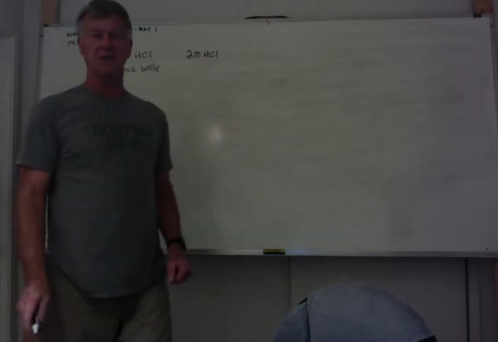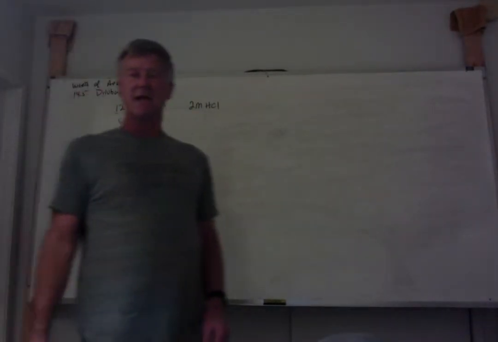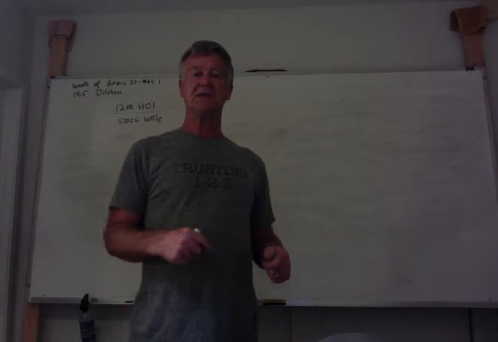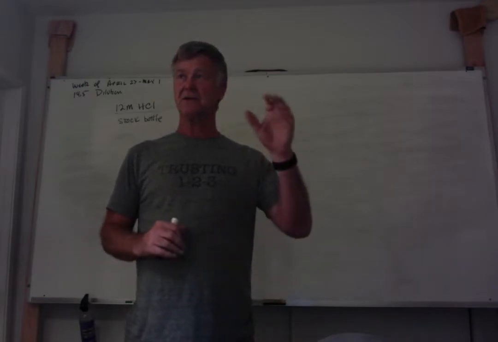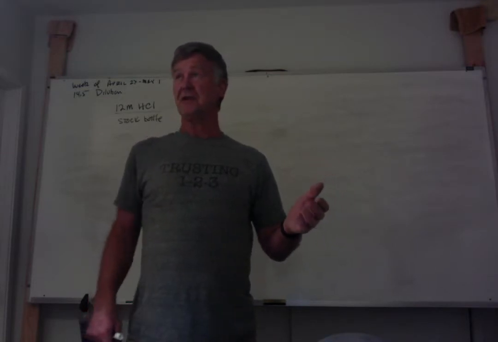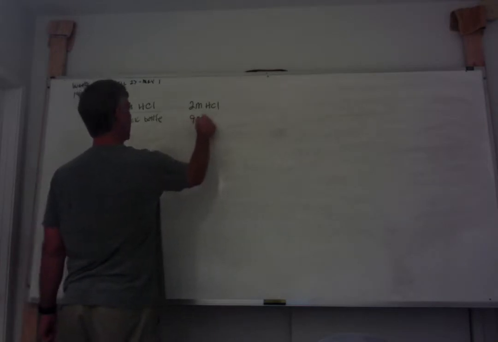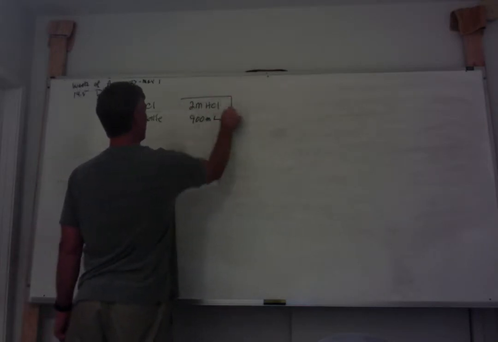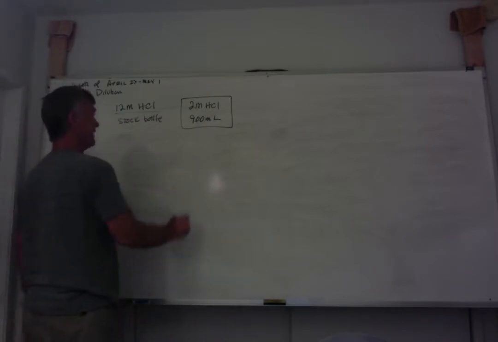I will always work between 1 and 2 molar hydrochloric acid. And let's say for our class, every lab group needs 50 milliliters, and there are 18 lab groups. So 50, 500, 900. Let's say we need 900 milliliters. So I have 2 molar HCl, and I want 900 milliliters of that.